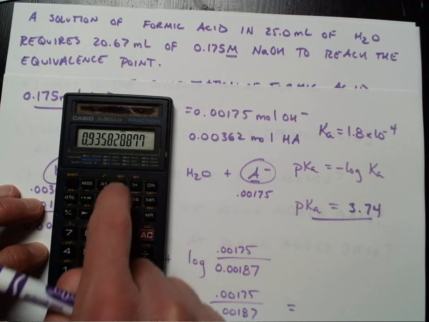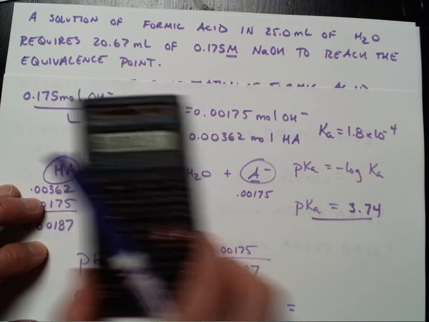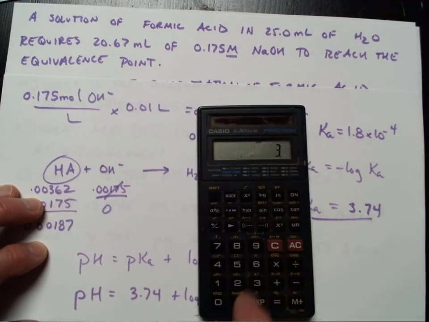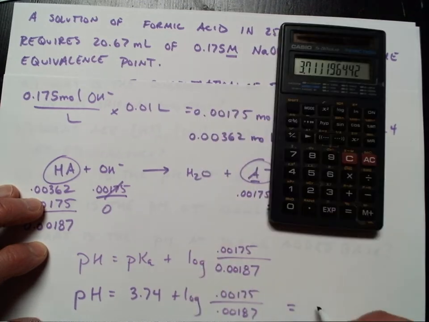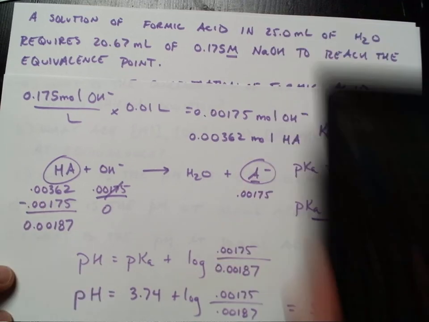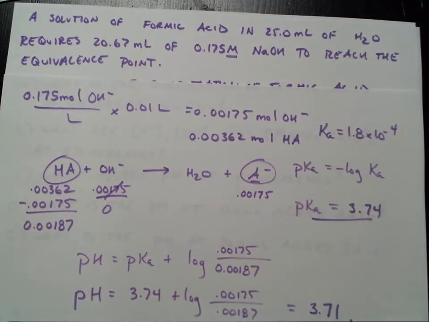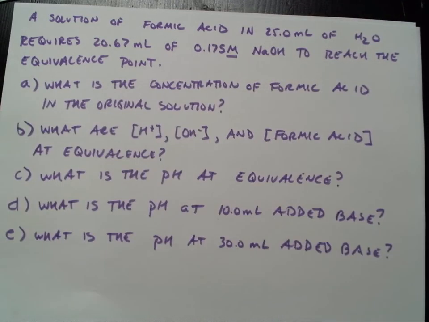Let's take the log of that. We're going to add that to 3.74. So my pH will be 3.71 at 10 mils of added base. We're almost home free, folks.